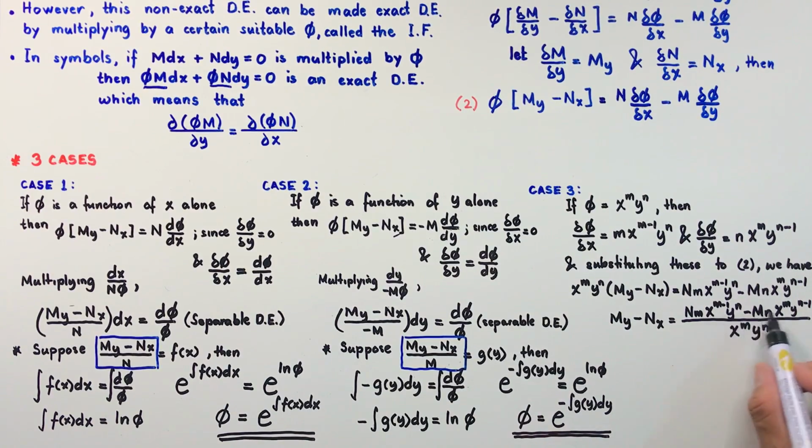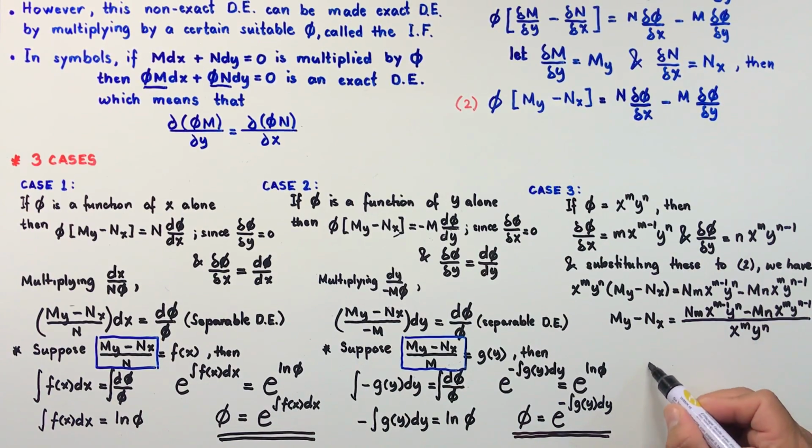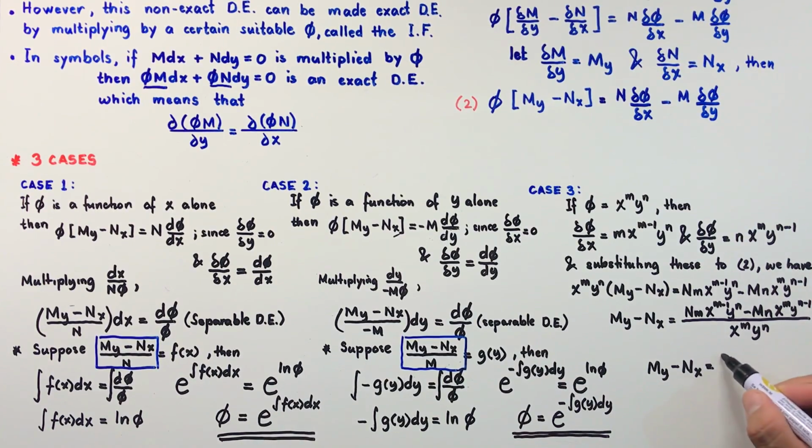Now dividing these two terms here by this product x to the power m by y to the power n, we have the partial derivative of M with respect to y minus the partial derivative of N with respect to x is equal to big N times m over x, because our y to the power n and also this one cancels here, and this x to the power m minus 1 and x to the power m will give you x in the denominator, minus the big M times small n all over y, because this x to the power m and this x to the power m here cancel each other.